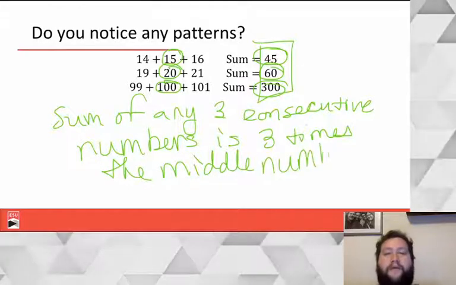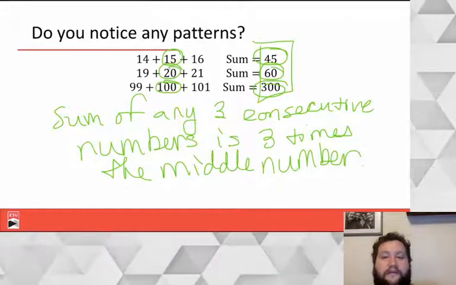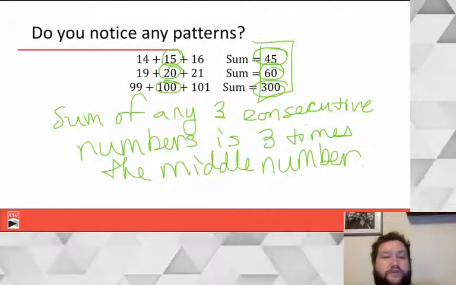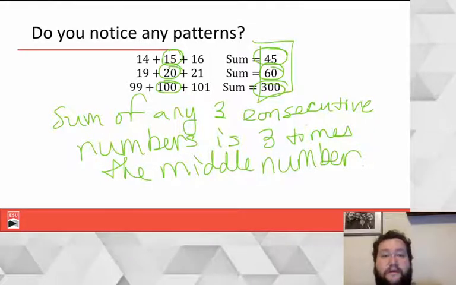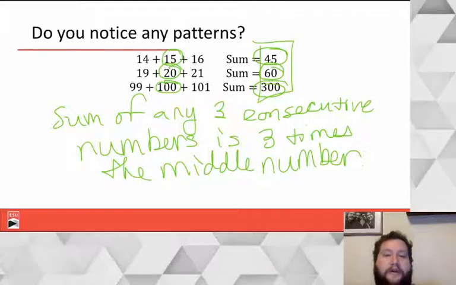But how do we know? How do we know that that's always true? I've given you 3 examples, and you might try 1 plus 2 plus 3, whose sum is 6, which is 3 times 2. So it seems pretty likely. But how can we know?